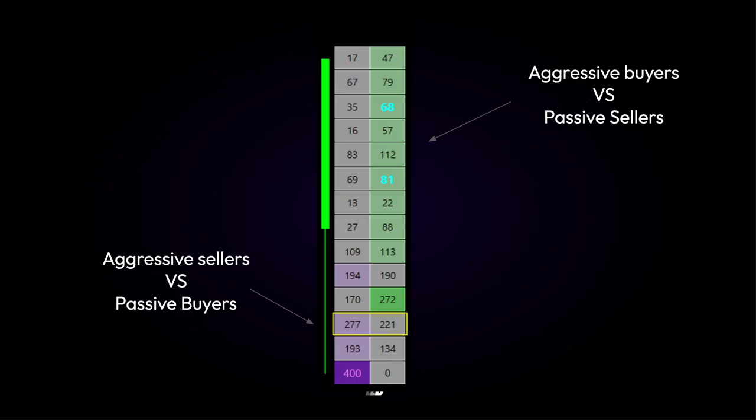So aggressive buyers buy from passive sellers, and you see them here, okay? So here, 88 contracts were bought and sold at the same time, because if there's a buyer, there needs to be a seller. So this one is buyers who accepted paying higher prices. These ones are sellers who accepted paying lower prices. And we'll go deep into what this exactly means very shortly.